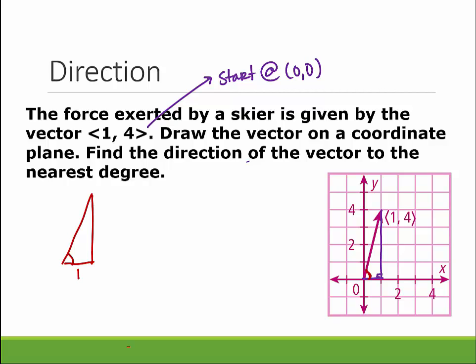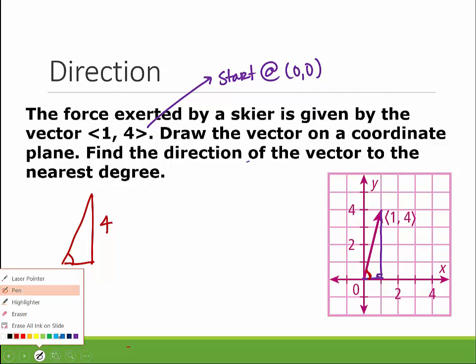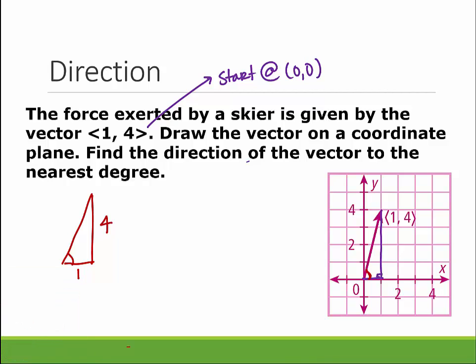I know to get to this you had to go out 1 and up 4. So then we're going to use one of our inverse trig functions. Since the two sides I have relative to this are the opposite and the adjacent, I'm going to use tangent. So tangent of the angle I want is the opposite divided by the adjacent. So then I end up doing inverse tangent of 4.